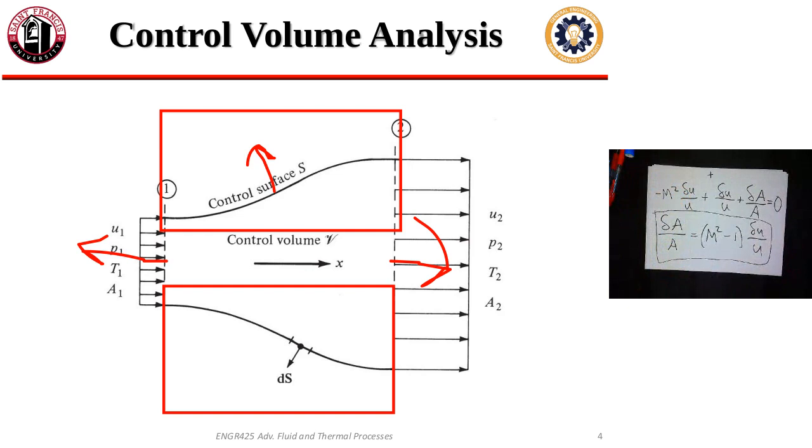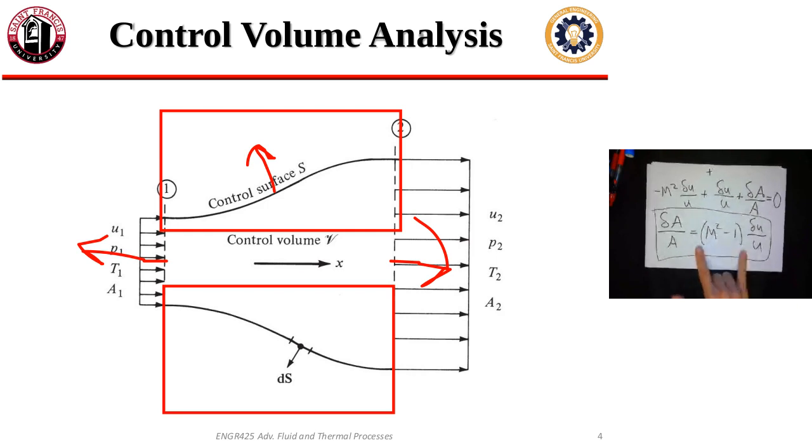So let's do some thought experiments here, keeping in mind that dA and du are changes in area and changes in velocity. If I have a subsonic Mach number, so a Mach number less than 1, this term will be negative, right?